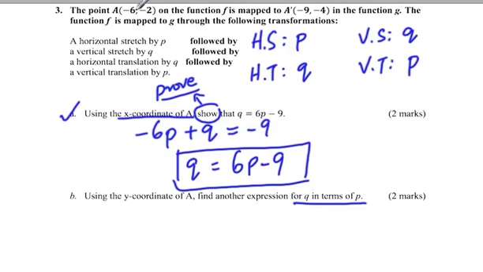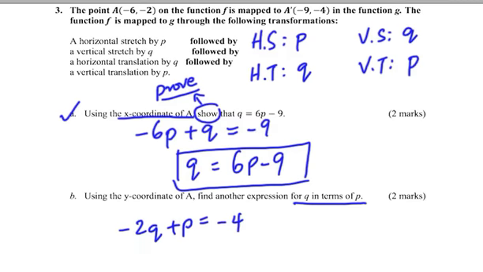So now using the y-coordinate, basically we're taking -2 because that's the y-coordinate. And we're now going to use the vertical part because the y-coordinate is only affected by the vertical. So it's -2 times Q, that's the vertical stretch, plus P, right, must equal what it maps to eventually, -4.